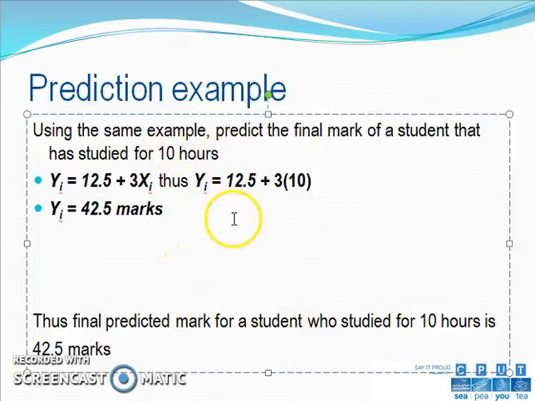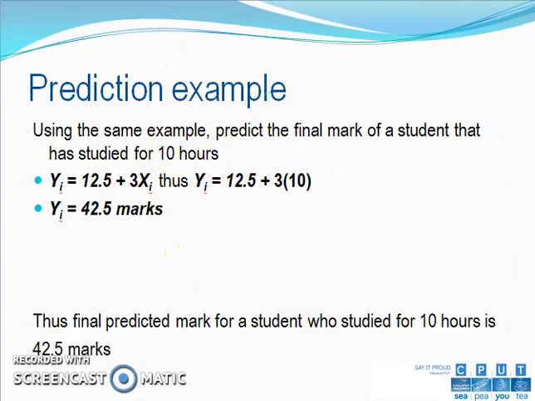What would that student's mark be? And then it's a very simple mathematical calculation to do. Of course, it's 12.5 plus 30, and the answer is, of course, 42.5 marks.